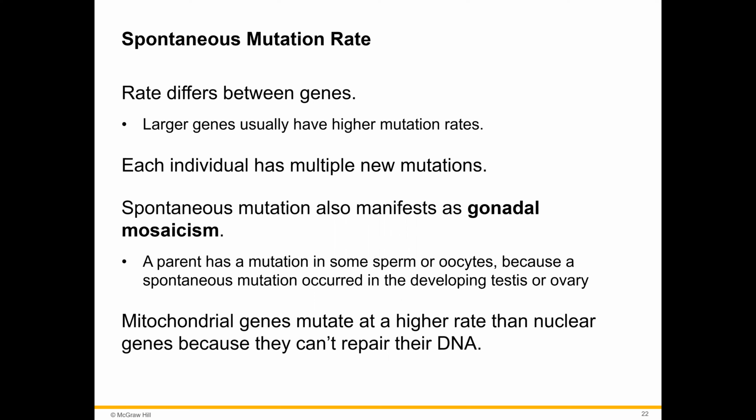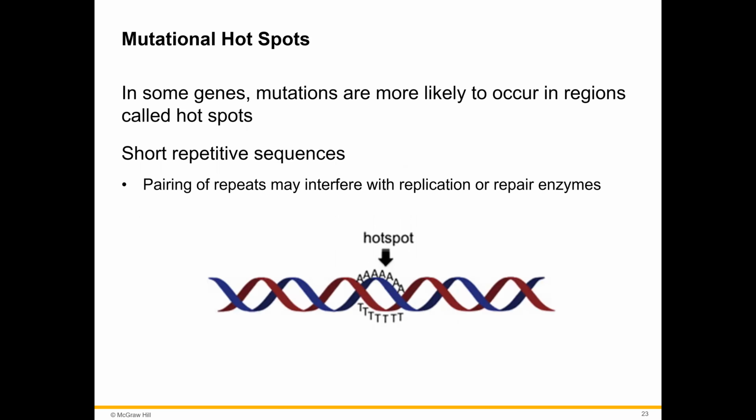So some of them might carry mutation, and this is called gonadal mosaicism. In addition, in the mitochondria, we have a small amount of DNA that also can carry mutation, and the rate is higher because there is no repair mechanism in mitochondrial genes.